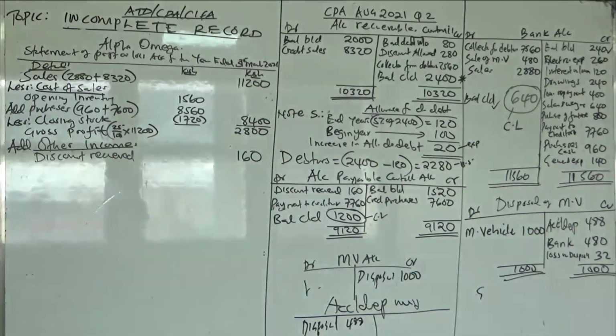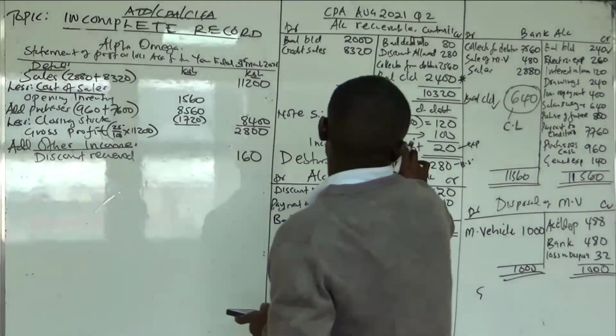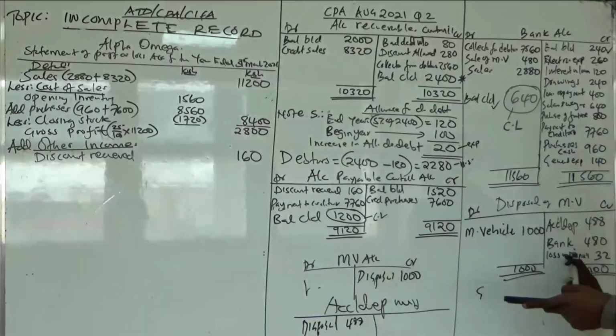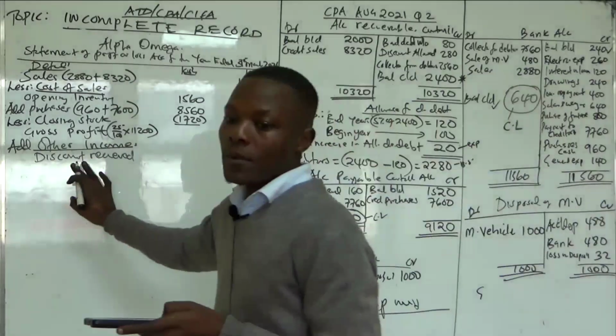Another income? Allowance for doubtful debt ilikuwa expense, haikuwa income. Kitu ingine yenye tulipata hapa ilikuwa loss on disposal. Ingekuwa gain on disposal, tungeadd hapa kama income.